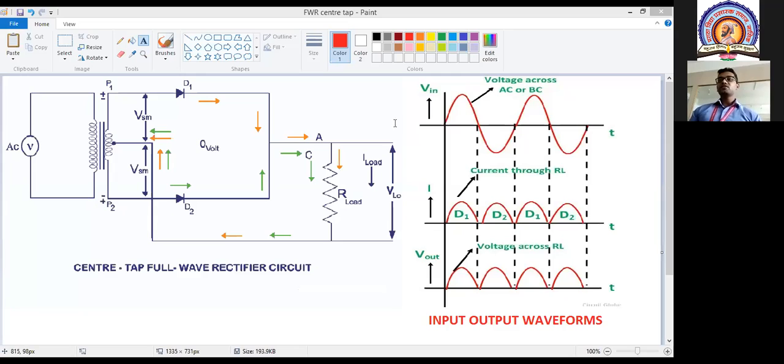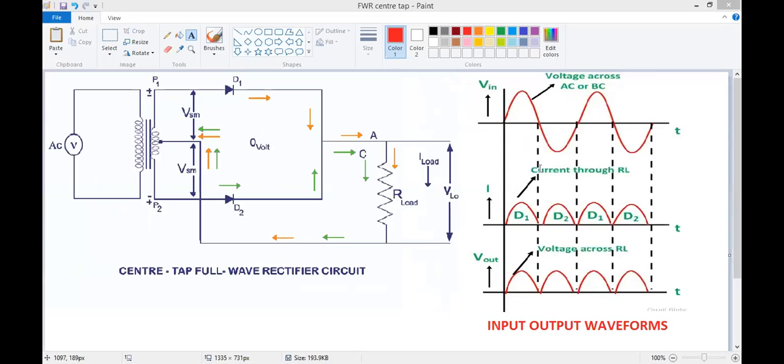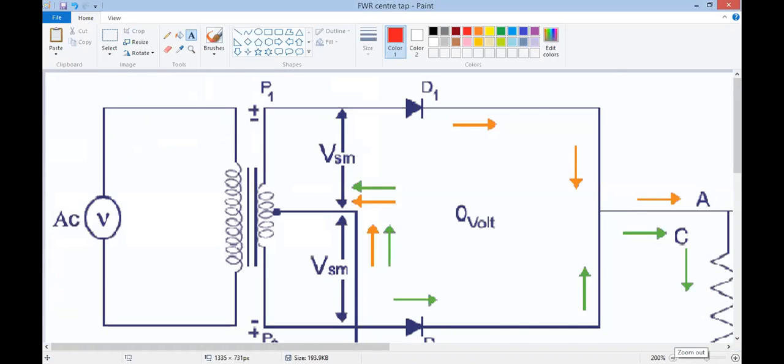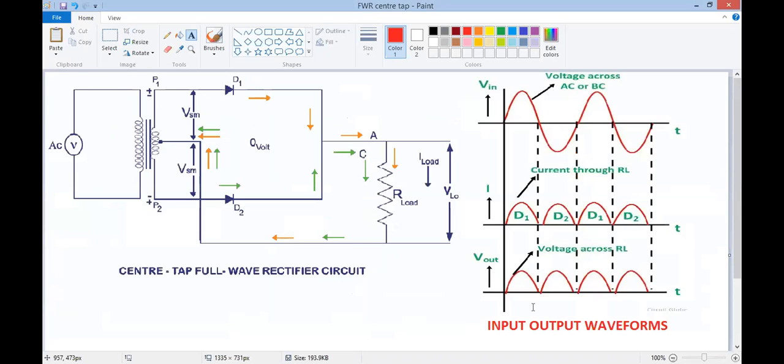This is the circuit diagram of the center tap rectifier, the full wave center tap rectifier. This is the entire circuit diagram of your full wave center tap rectifier.